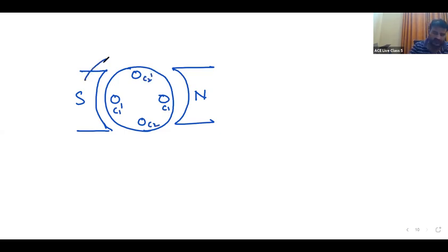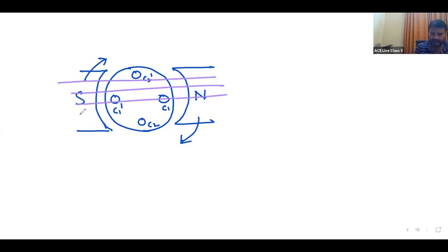But poles are rotating in clockwise. What is the flux direction? Flux is always from north to south. We need to understand this is the flux direction.